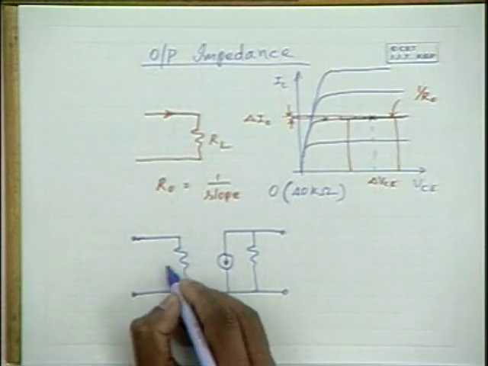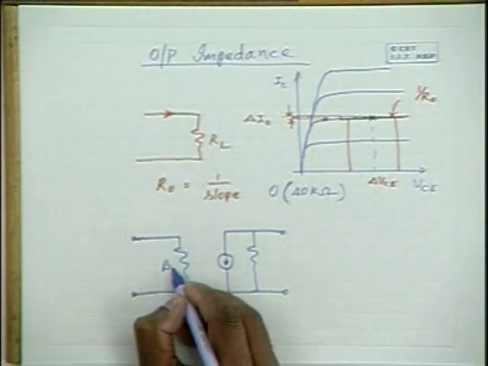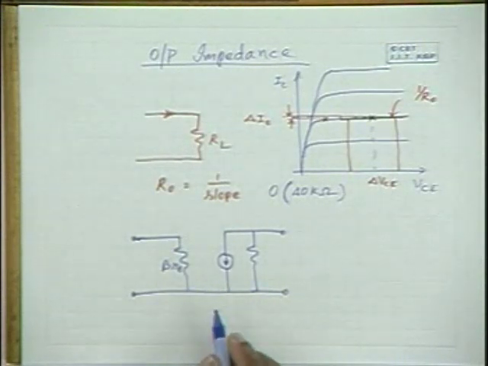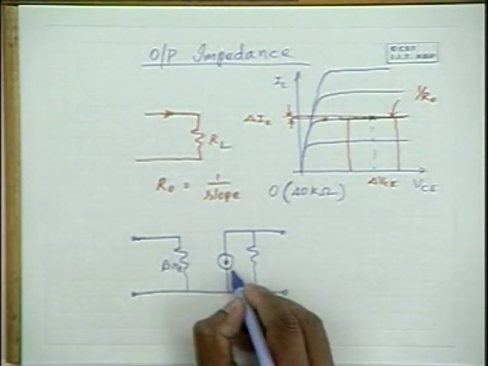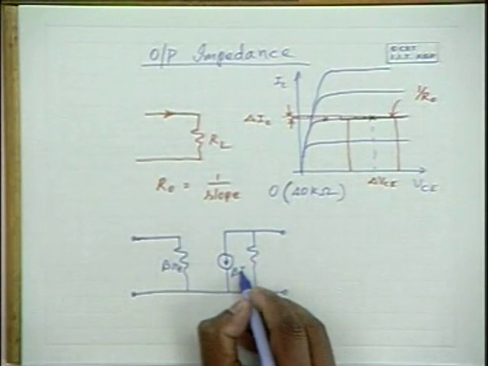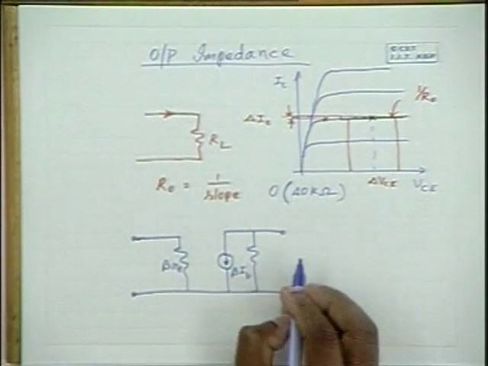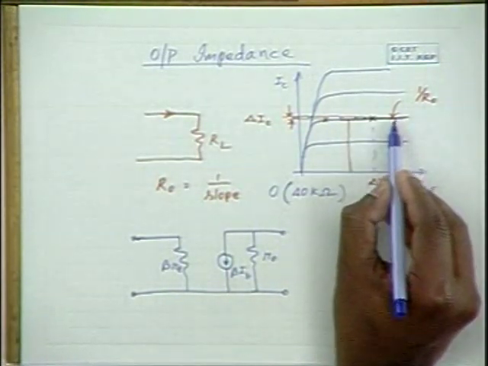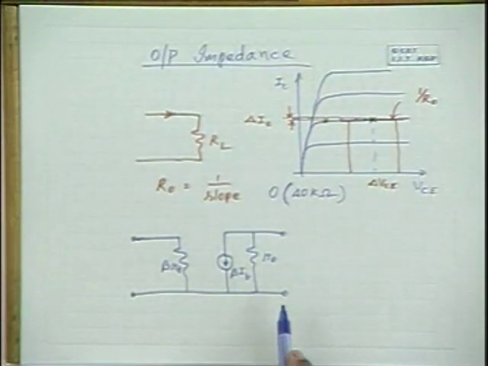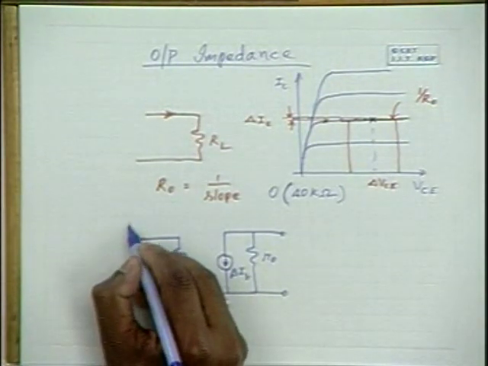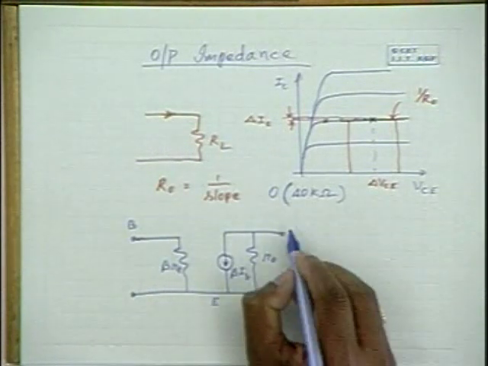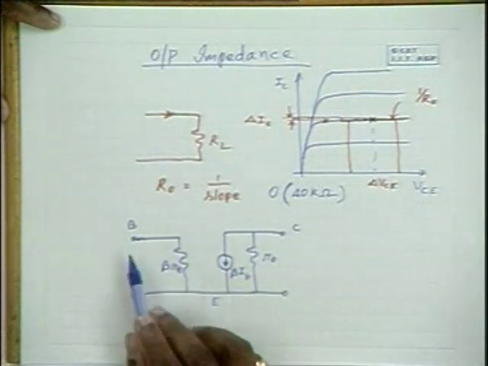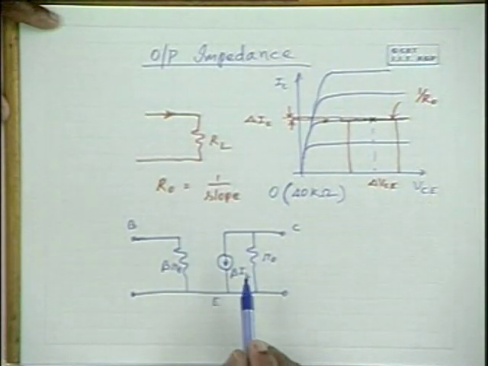Here the input impedance is going to be beta times Re approximately, or 1 plus beta times Re, and this is beta times Ib, and there is an R naught, which is the inverse slope of the curves and which is of the order of 40 kilo ohms. So this is the model of a transistor in the common emitter configuration.